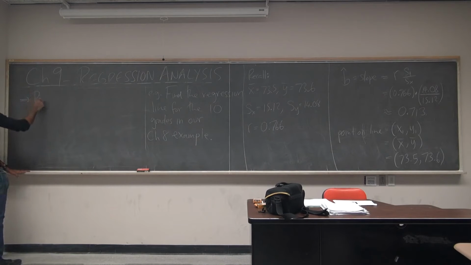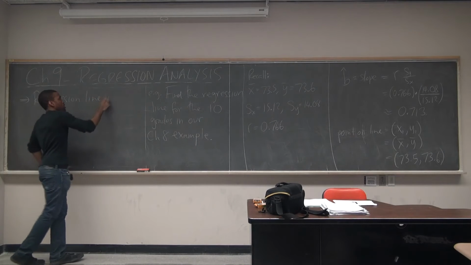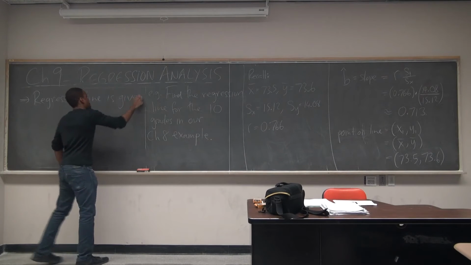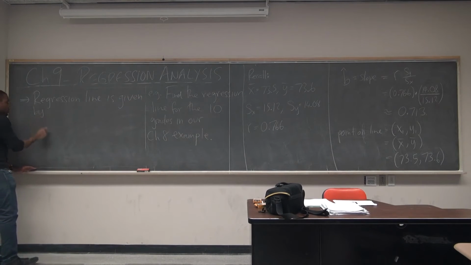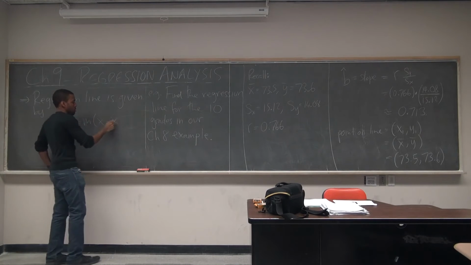Which means the regression line is given by y minus y1 equals m times x minus x1.